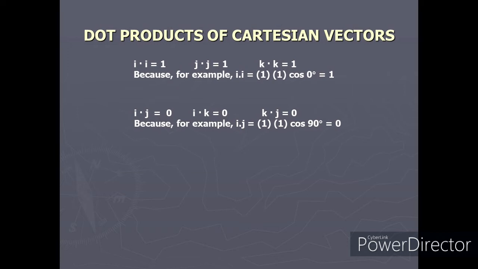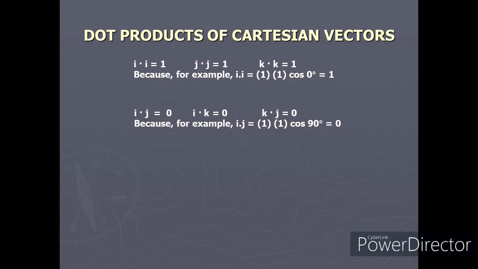And cos 0 is what? 1. The magnitude of I is 1, because it's a unit vector. The magnitude of the unit vector is always 1, whether Cartesian unit vector or ordinary unit vector. So 1 times 1 times 1, isn't it? So I dot I equals 1.